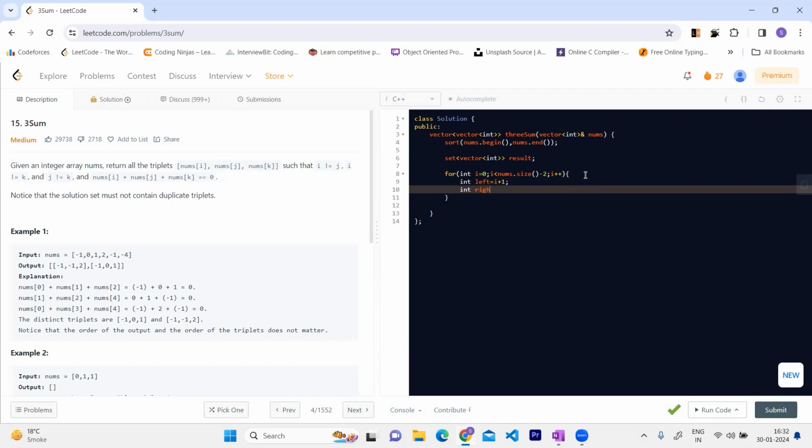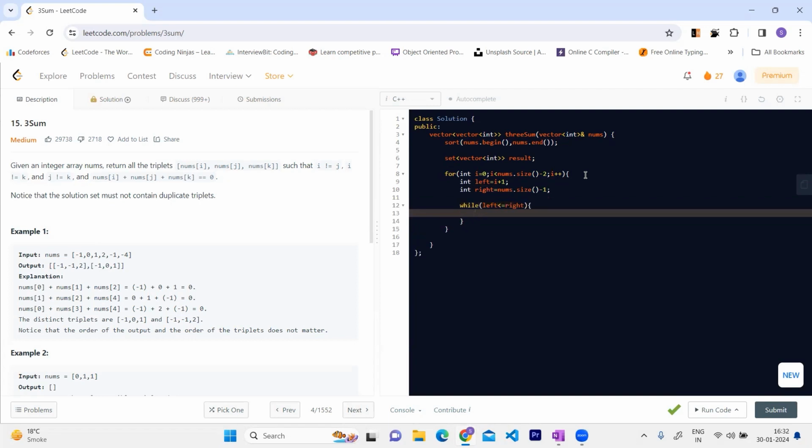Now right will be pointing to nums dot size minus 1. With the same approach as in the two-sum problem, we'll calculate the sum: nums of i plus nums of left plus nums of right.